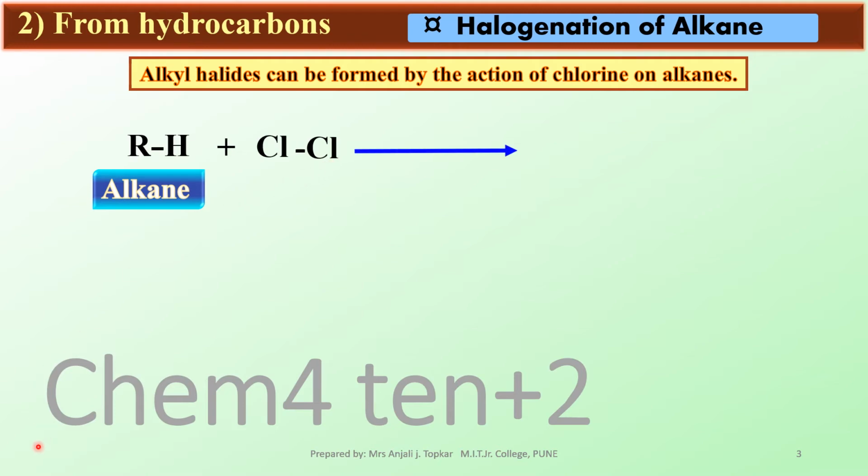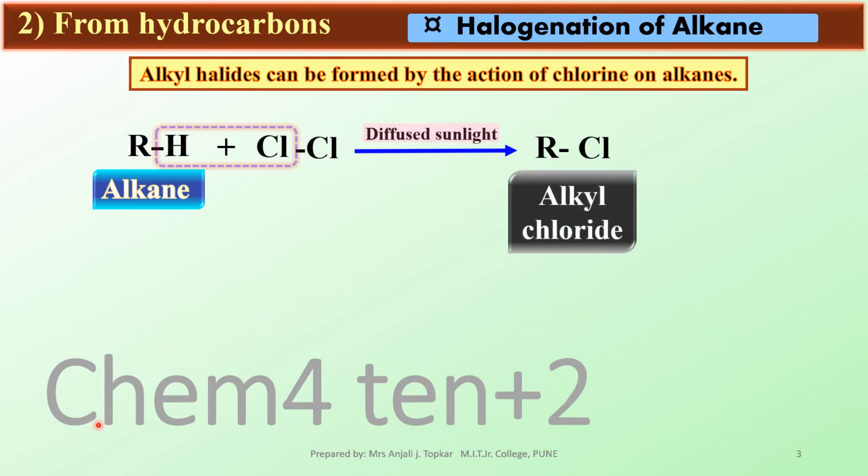The reaction takes place in the presence of diffused sunlight, and as we can see here, the highlighted part is removed and the R, that is the alkyl group of the alkane, gets bonded to a chlorine atom, and thus the reaction proceeds. So here R and Cl form a bond to give alkyl chloride, and the byproduct obtained is H and Cl, that is HCl.